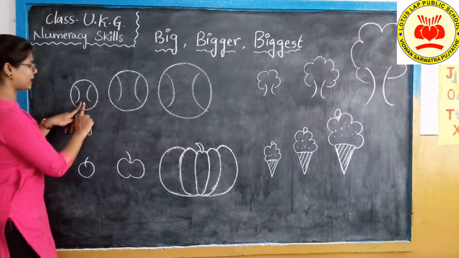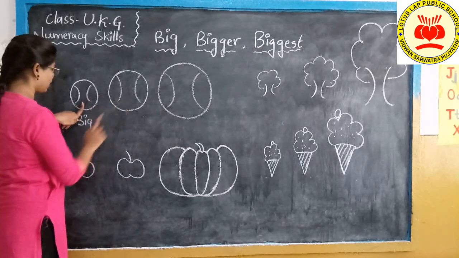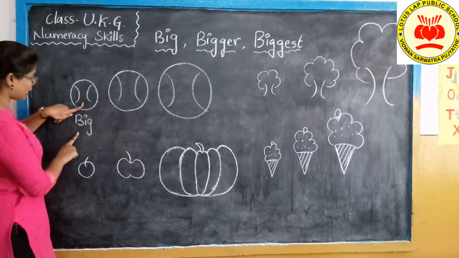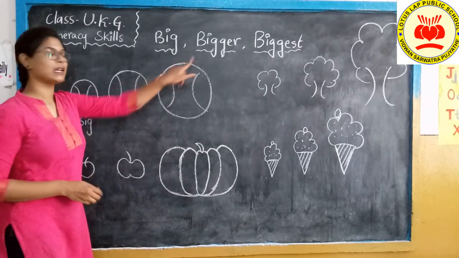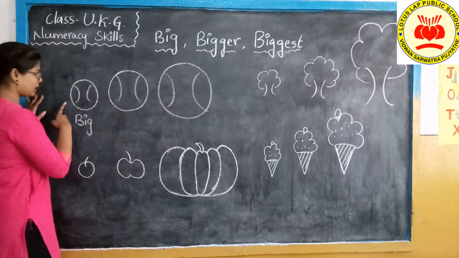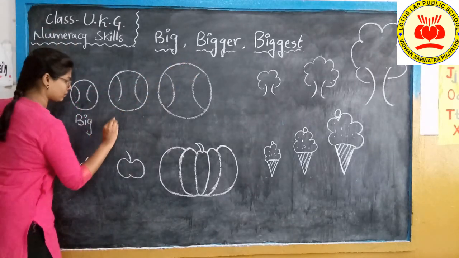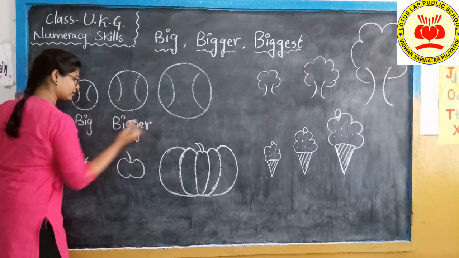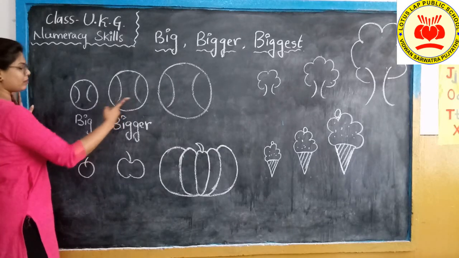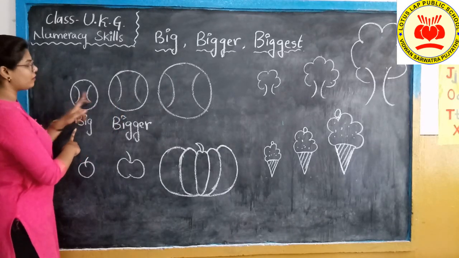Here we are comparing first and second. So if I take the first one as big, the next comparison will be bigger. The size of this second ball is bigger than the first one.